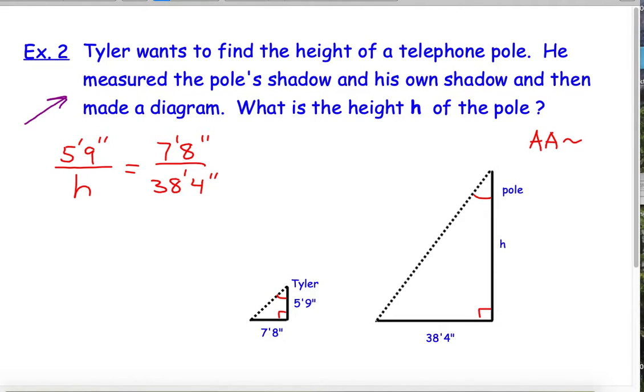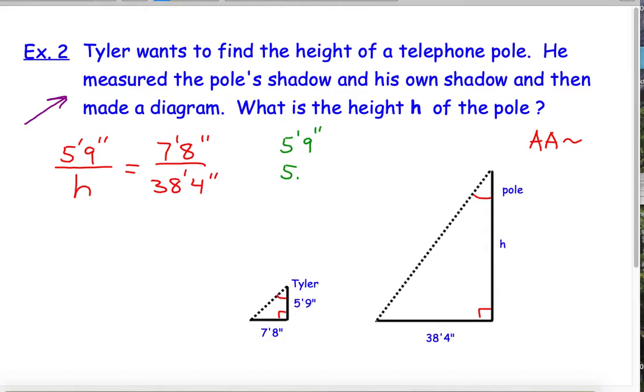Now, normally you cross multiply, solve for h, we're done. Except here our units are mixed. We have feet and we have inches. So we have to make a decision. Do we want to stick and write everything in terms of just feet, or do we want to convert everything to inches? Let's look at it both ways. If I want to convert to feet, then that 5 feet 9 inches means that I'm going to have 5 point something.